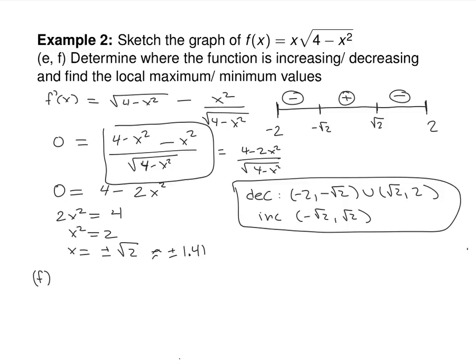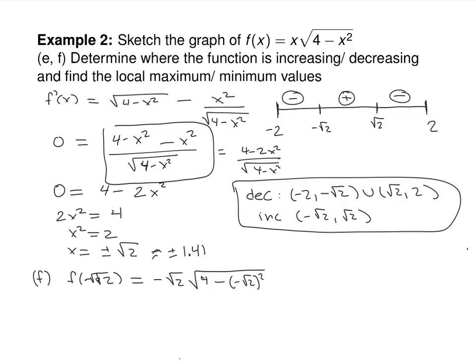How about the local max and local min? Is negative root 2 a min or a max? What happens there? It's a min. So f of negative root 2, I don't know why I just wrote root 3. This happens sometimes. That's going to equal negative root 2 times root 4 minus negative root 2 squared.